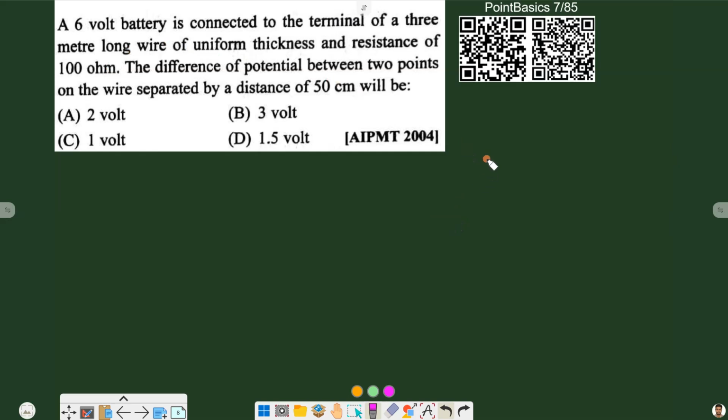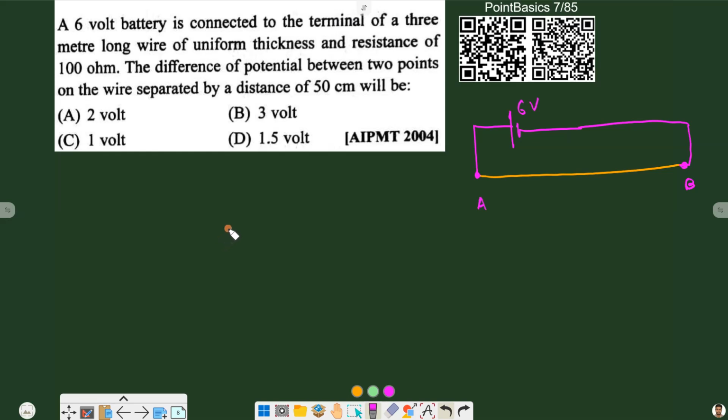So we have a battery of 6 volt and a wire of 3-meter length. Suppose this is our wire, 3 meter long, between point A and point B. Its thickness is uniform, resistance is 100 ohm.